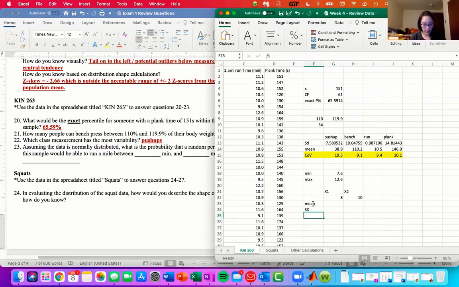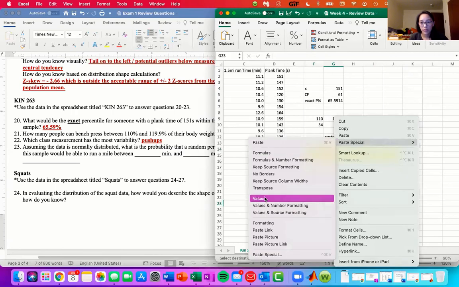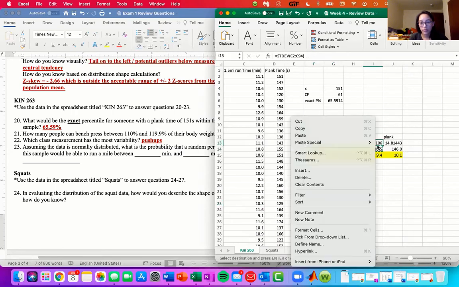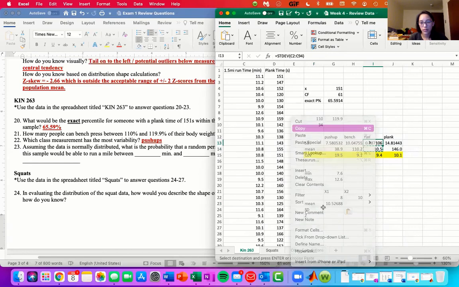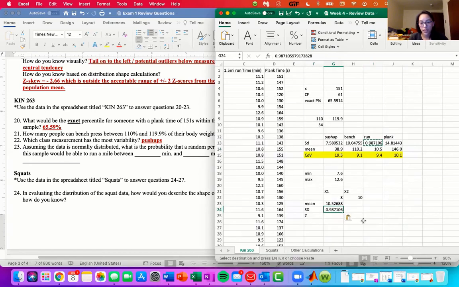SD, and then we're gonna calculate a z-score. So the mean and standard deviation are here. I'm just gonna copy and paste, and copy and paste, so that I can use these as cell references.